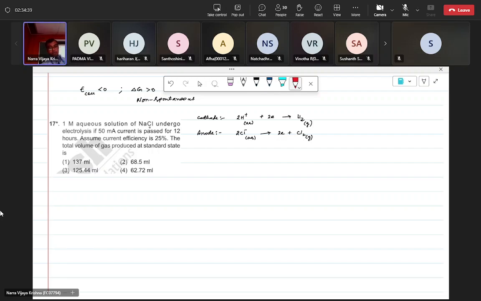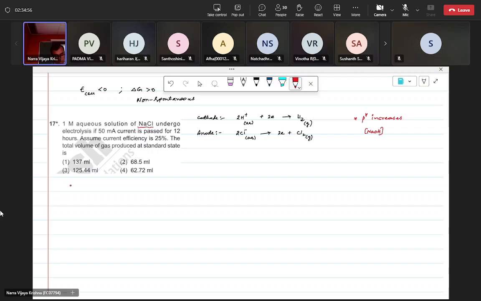During electrolysis, what happened? pH increases. Reason? Due to formation of NaOH. Yes or no? Aqueous NaCl.